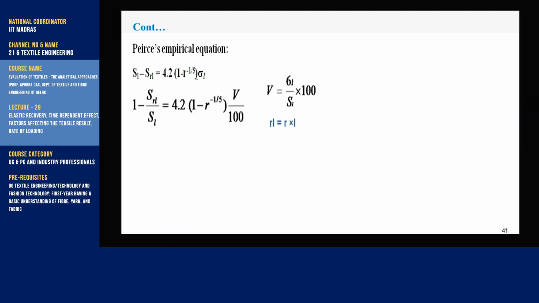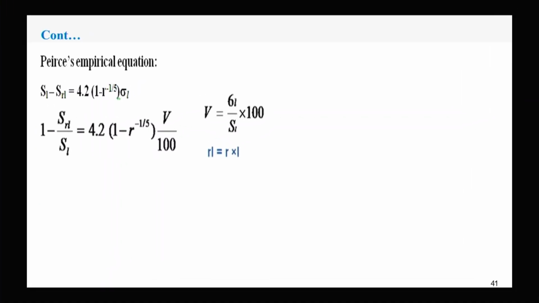And as I have mentioned, the empirical relationship proposed by Pierce is this, where SL equals the strength at gauge length L. So this is the gauge length, and strength at gauge length L is the SL.